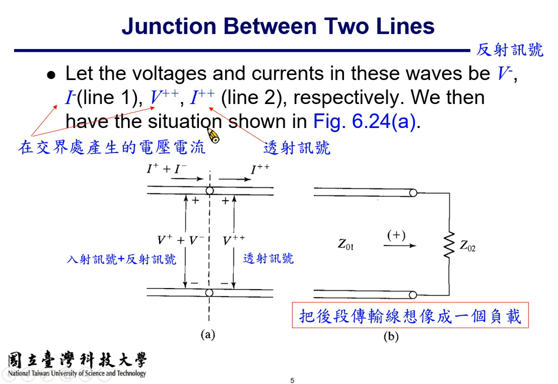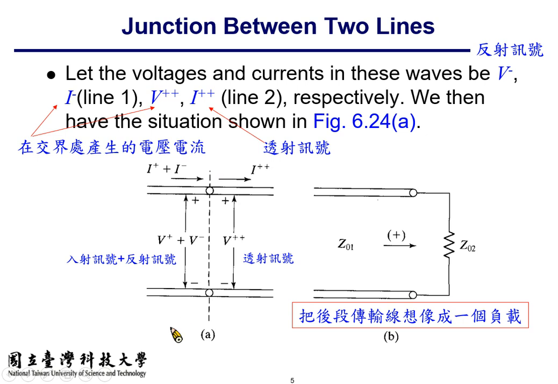As you can see in this figure, on top of the incident wave, which is marked as V plus and I plus, you also have V minus and I minus, the reflected voltage and current signal. And you have V double plus and I double plus. They stand for the voltage and current signal that goes to the second section.